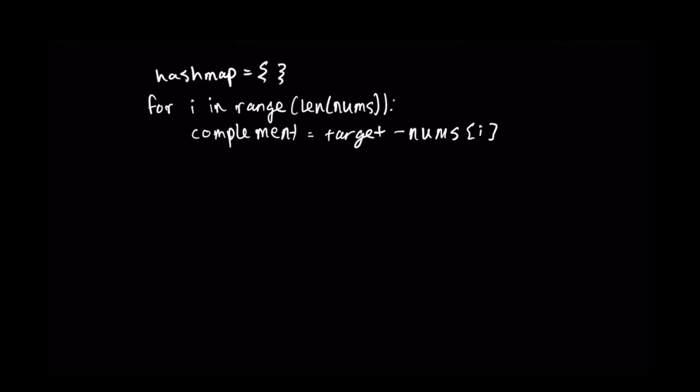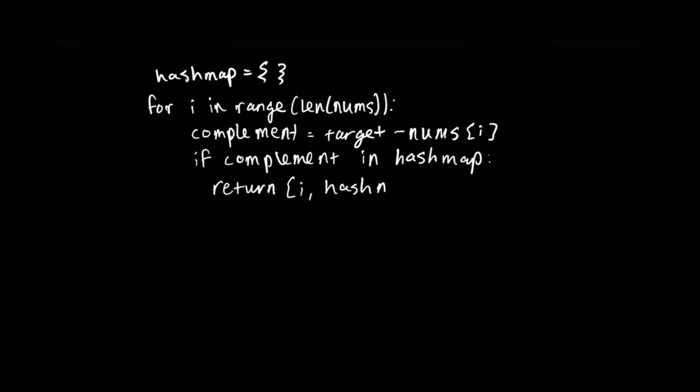And if that complement is in our hash map, we are simply going to return the hash map i and the hash map complement.